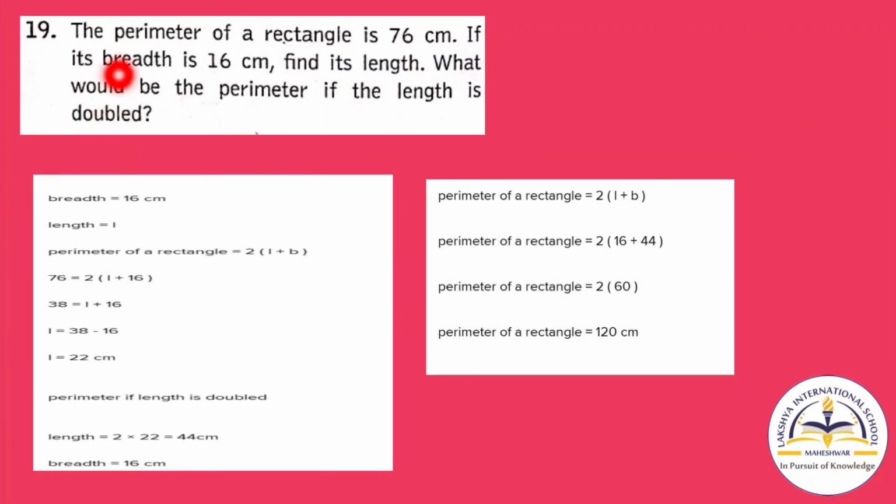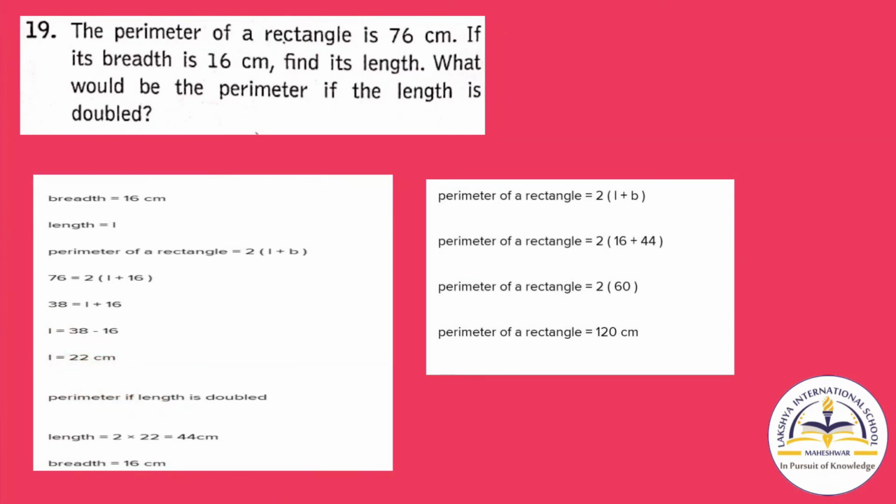Now question number 19. The perimeter of a rectangle is 76 centimeter. If its breadth is 16 centimeter, find its length. What would be the perimeter if the length is doubled? So breadth is 16, length we have to find out. So we have to apply the perimeter of rectangle. It is given, that is 76. Now we have to put the value, and then we can easily find out the length.